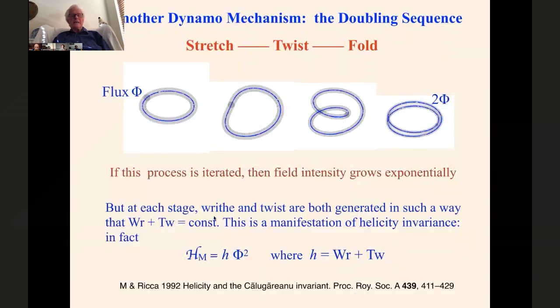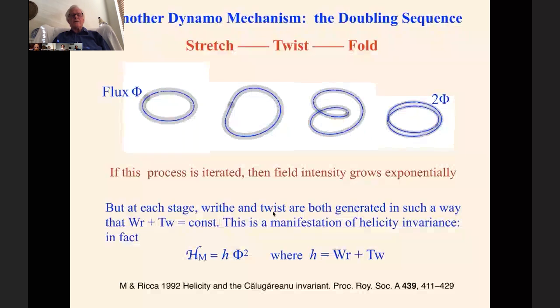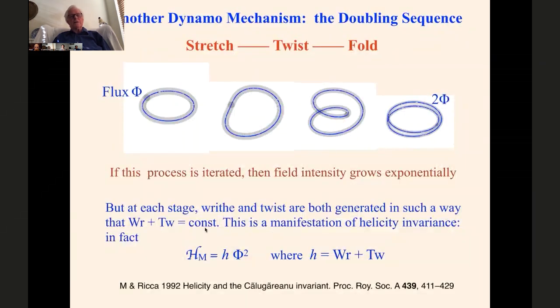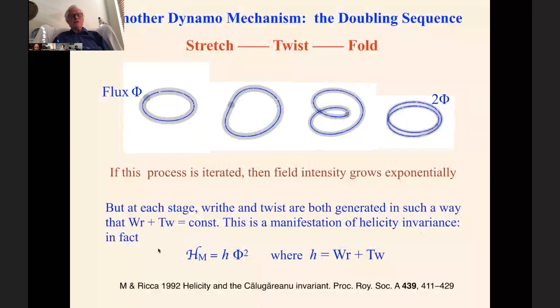But at each stage, both writhe and twist are generated in such a way that the sum of these is constant. This is actually a manifestation of helicity invariance, because for this type of situation, the magnetic helicity is proportional to h phi squared, the flux squared, with a dimensionless constant h, which is just the writhe plus the twist.